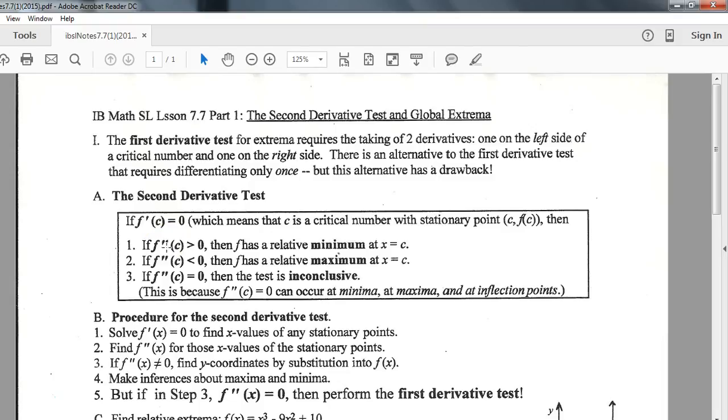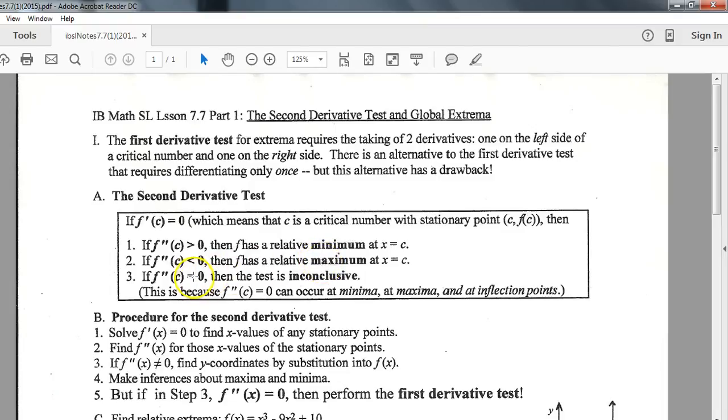If I can find the second derivative of the function, and no matter what value I plug in for x it is always positive, then we know that graph is concave up all the time, and therefore our stationary point would be a minimum point. If the second derivative is always negative for the x values we substitute, then we know that the graph is concave down, therefore the stationary point is a maximum.